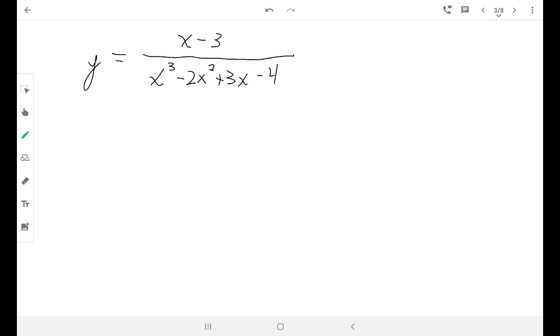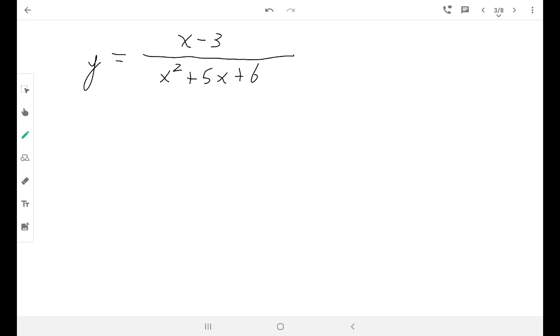So what I'm going to do with this, and I actually made this pretty tough on myself. You know what? I made this too tough on myself. Let me do something that I can handle a little bit easier. Over x squared plus 5x plus 6. Okay. That'll be a whole lot easier to do.